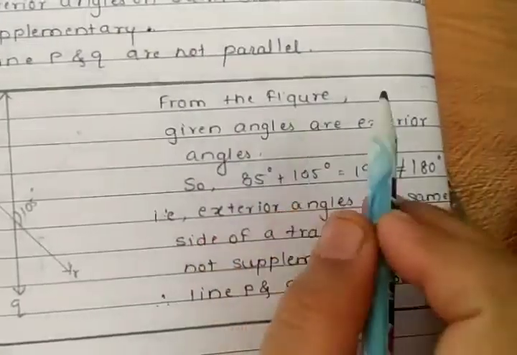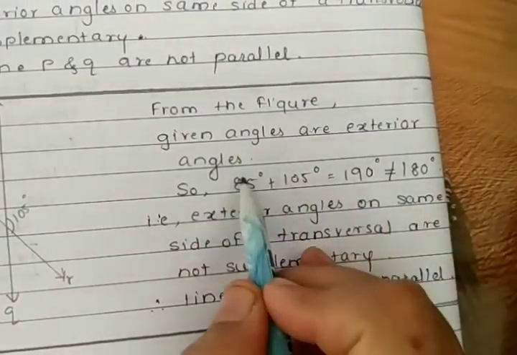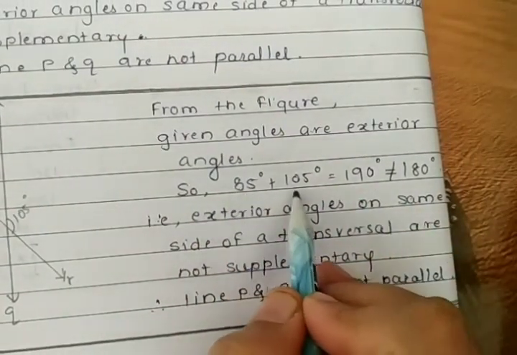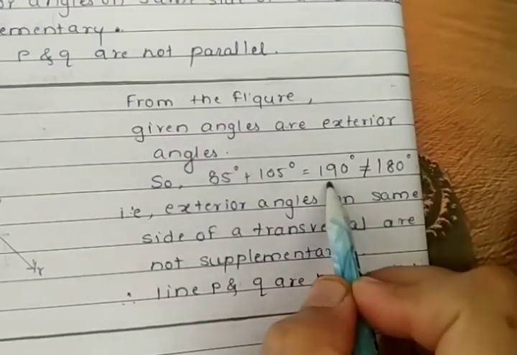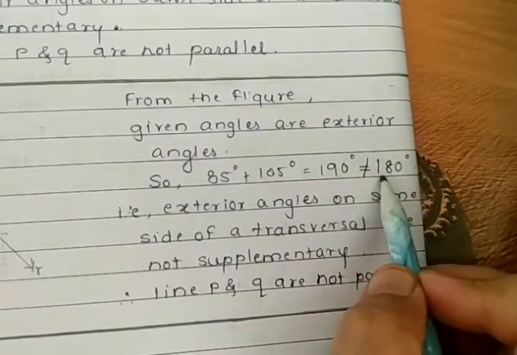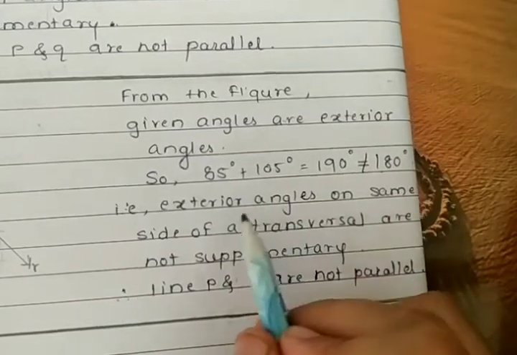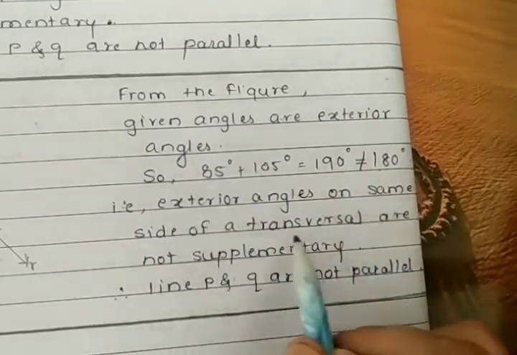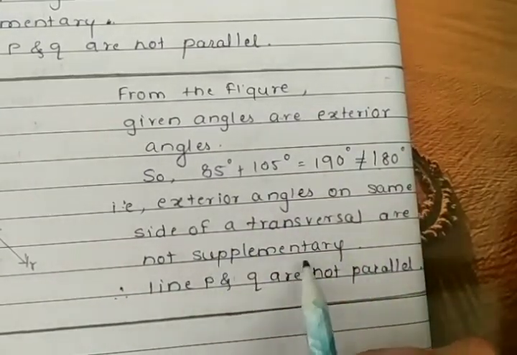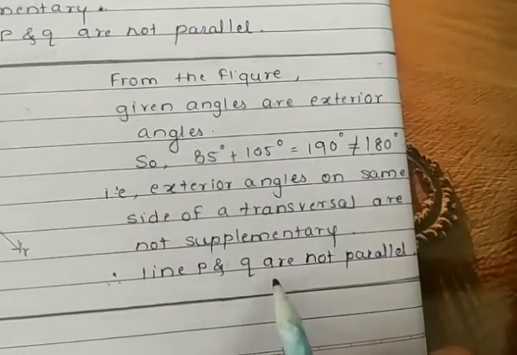So from the figure, the given angles are exterior angles, so we'll add them. 85 plus 105, addition is 190, which is not equal to 180, right? That means these two are not supplementary. So exterior angles on the same side of a transversal are not supplementary, and therefore lines P and Q are not parallel.